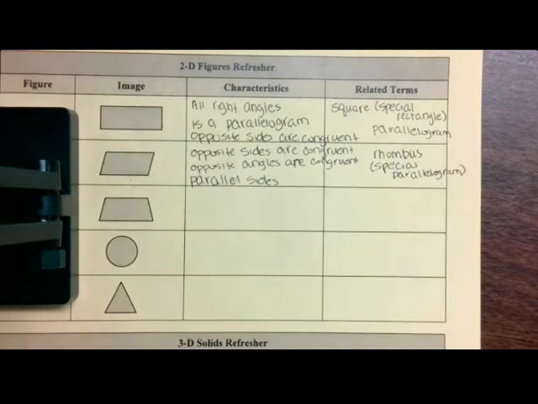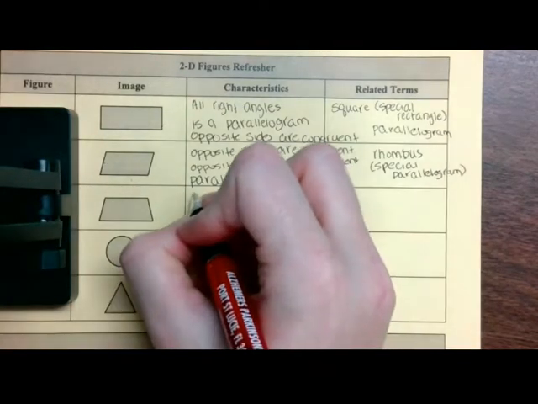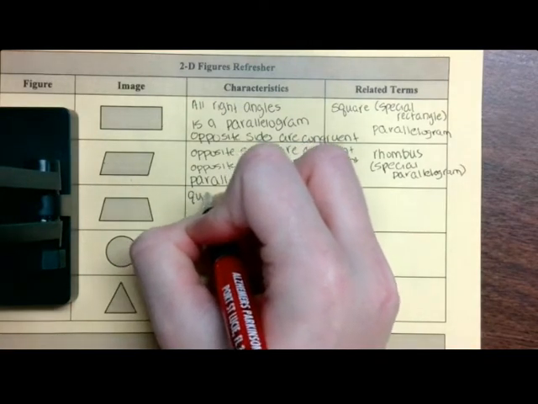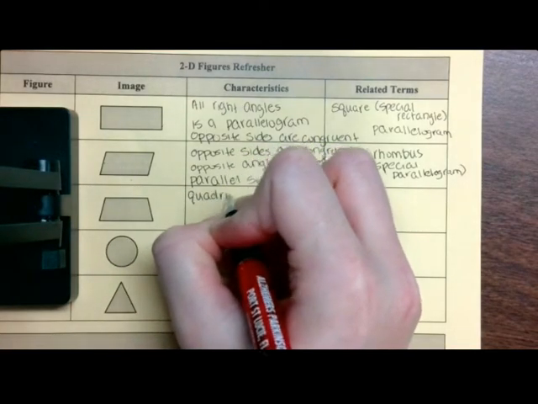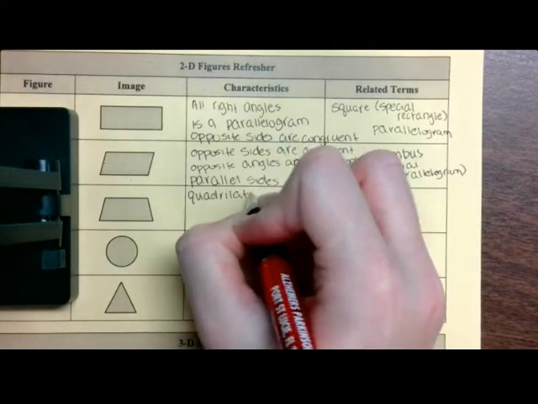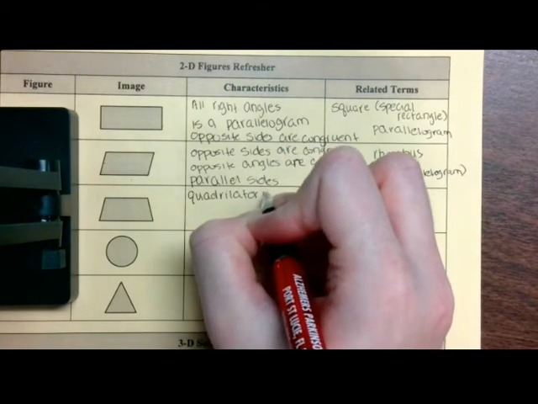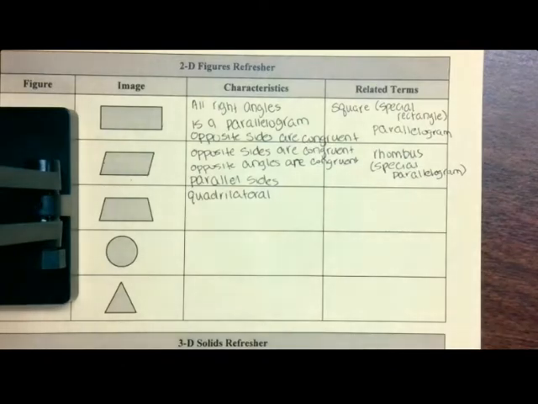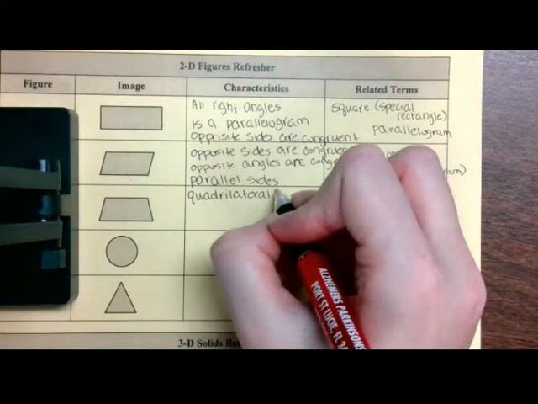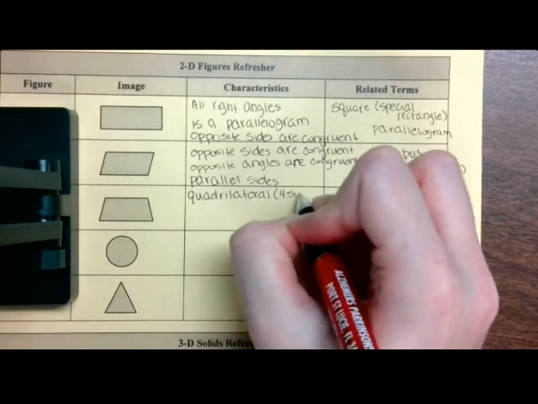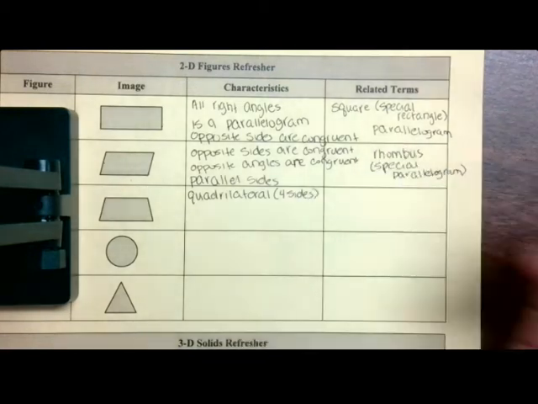Now, looking at trapezoid. A trapezoid is called a quadrilateral. Quadrilateral. Okay? And that just means that it has 4 sides. It's an enclosed figure with 4 sides.